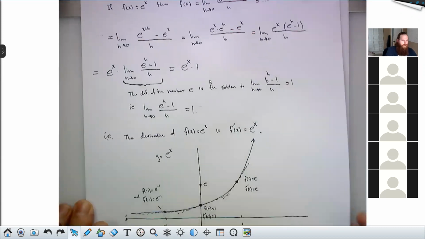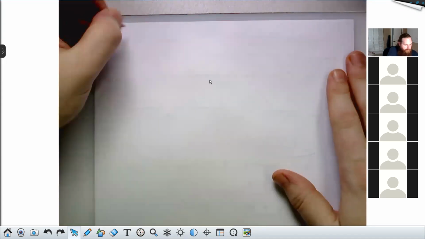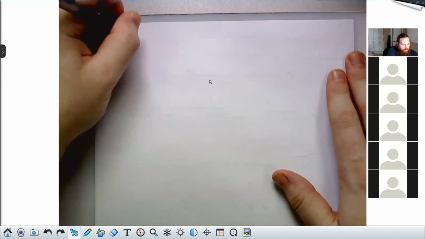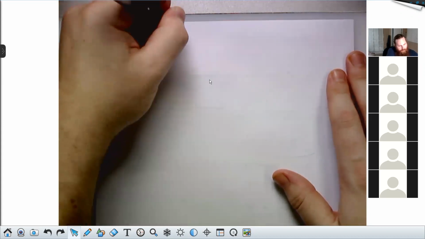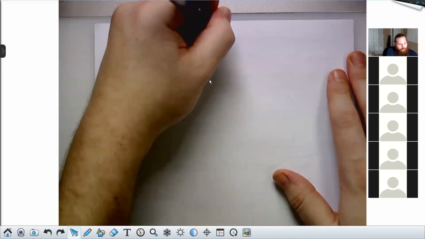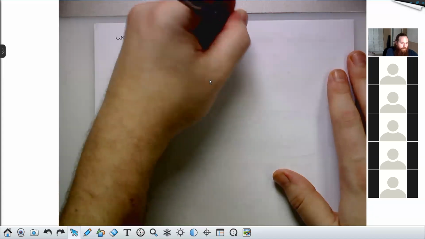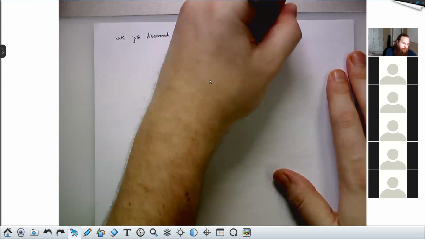All right. Another fact. We just discovered that e to the x primed is e to the x. What about other bases?